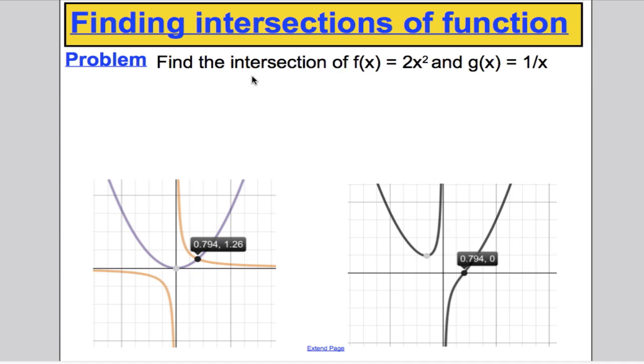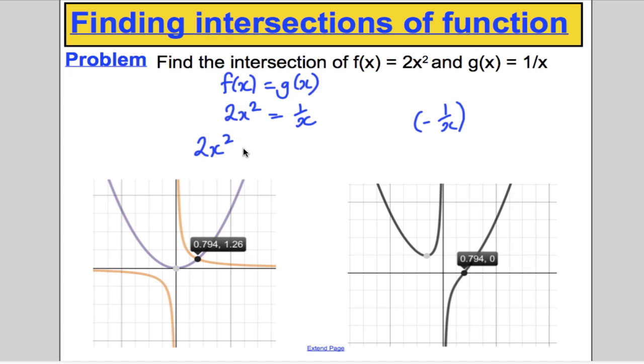Now, alternatively to doing this, you can just draw the graph of the two functions, but what we are trying to do here is solve, as we say, f of x is equal to g of x, which is, we're trying to solve 2x squared is equal to 1 over x. Now just say we subtracted the 1 over x off both sides.